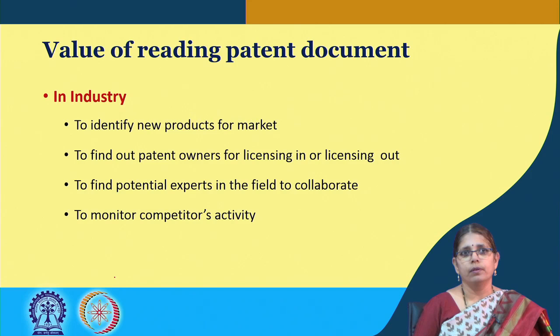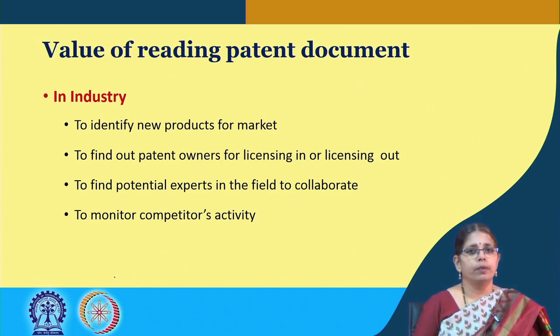Also, it helps us to understand where the area of expertise is available and with whom it is available. So, often patents are also one stopgap to understand who are the people to collaborate with. Today, most patent documents have inventors across companies, across organizations. Sometimes patent documents also show what we call joint assignees, which could be institutions and companies working together.